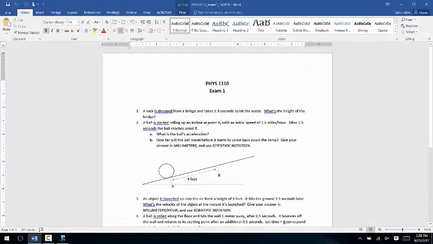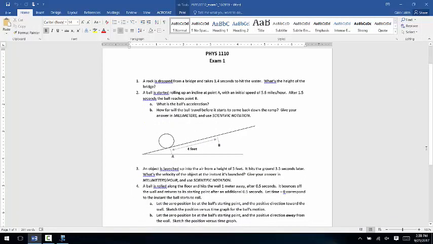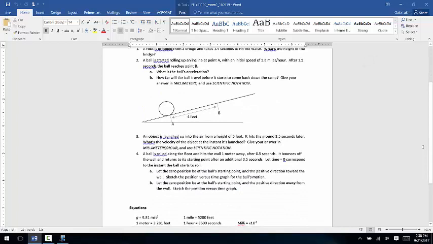And then the last one is one of those plot a position versus time graph. So a ball rolls along the floor, hits the wall a meter away after half a second, then bounces off and returns to the starting point after half a second.